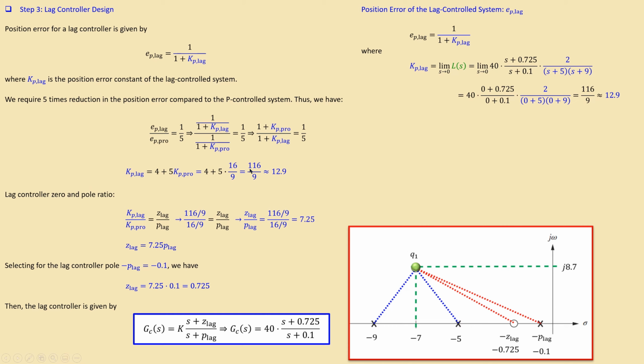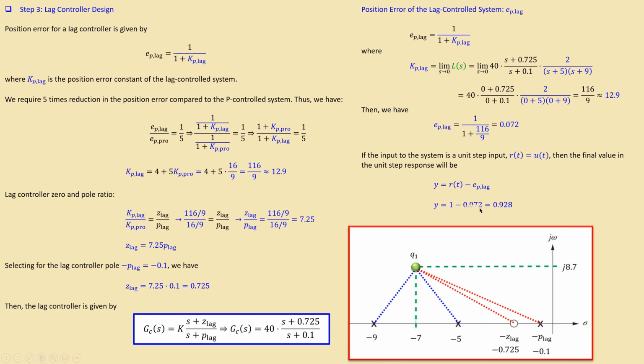If you do the math here, you will get a position error for the lag control system of 0.072. That is the error we have. If the input to the system is a unit step, that means the R input is a unit step with amplitude of 1, then the final value of your unit step response, which is the Y, will be the input minus the error we calculated for the lag control system.